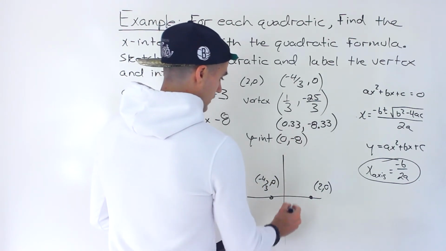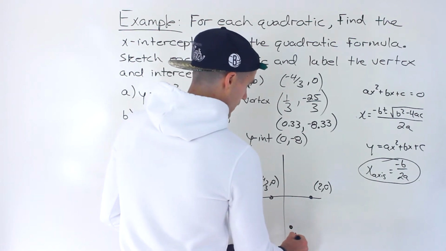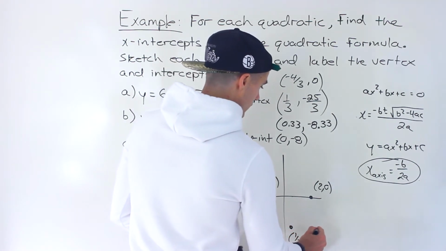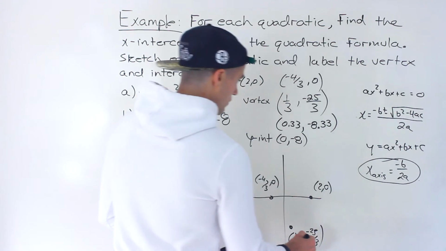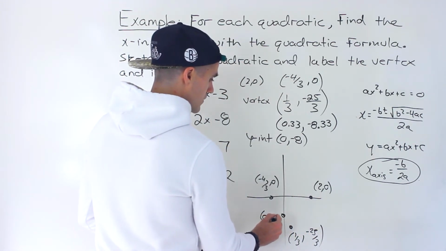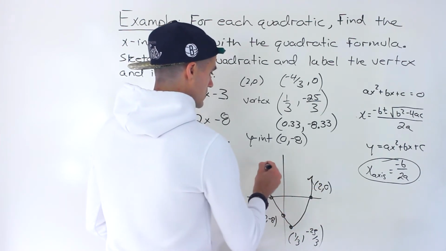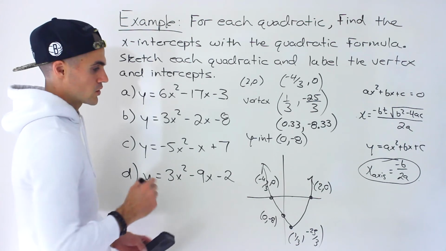We'll have 0.33, negative 8.33, so that would be like down here. So let's keep it in fractions: 1 over 3, negative 25 over 3. And then we got 0, negative 8, which would be like right there. Right, so connecting these, we end up with a quadratic like that.